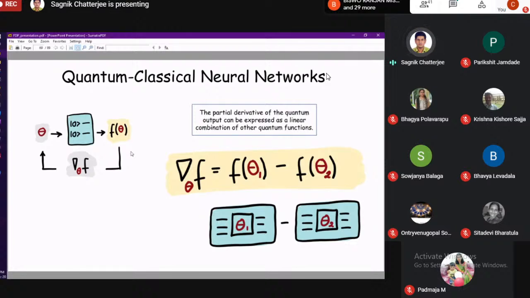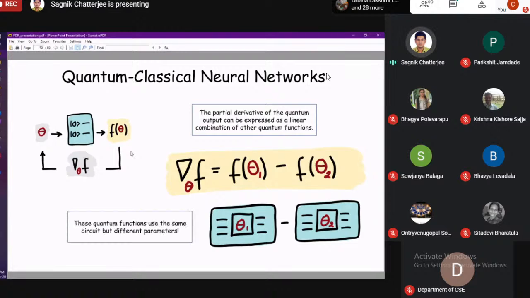The best part is that the angles are classical, they can be macroscopic angles, something like pi by 4 or pi by 3. They need not be infinitesimally small angles that we have no idea of dealing with. This is called the parameter shift rule, which makes it viable for us to use quantum neural networks.